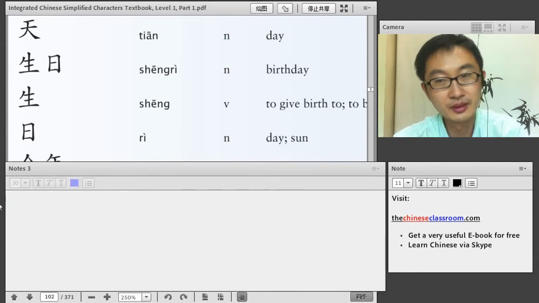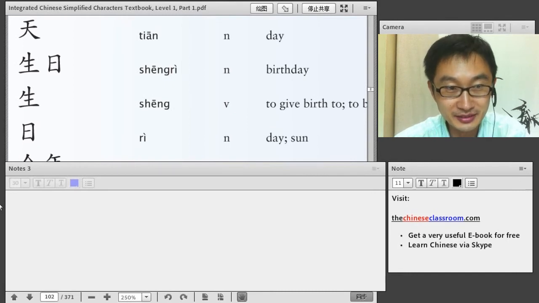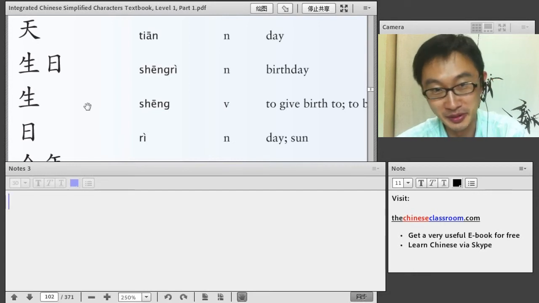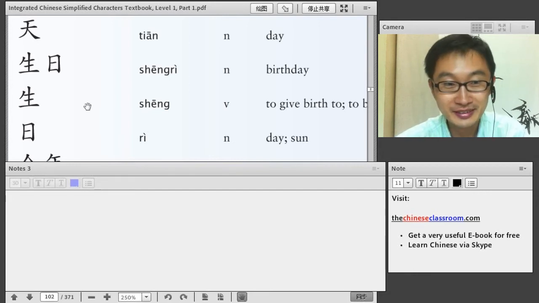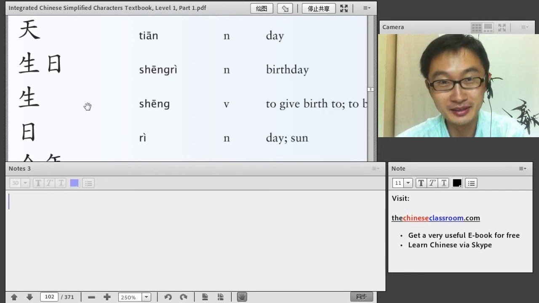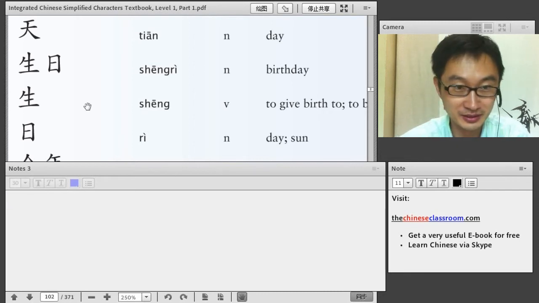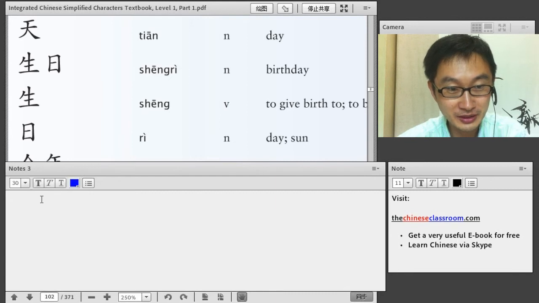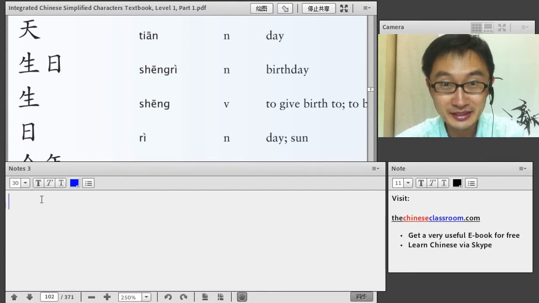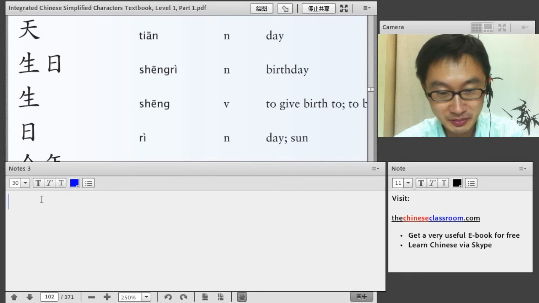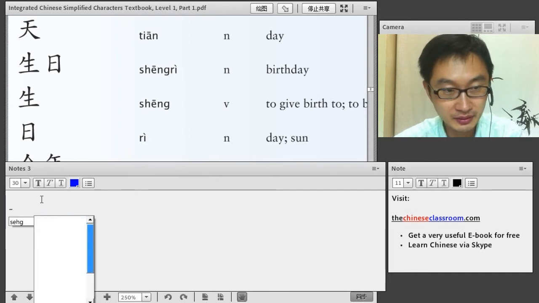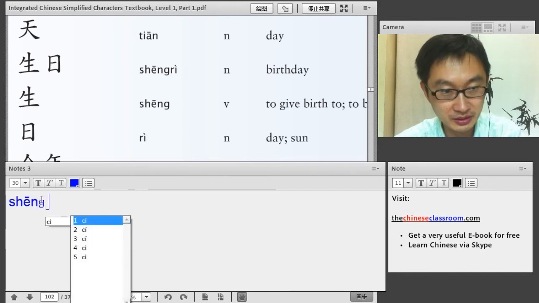Okay. Then we look at this 生日, birthday. 生 means give birth to, or to bear, to be born, was born. 日 is day. So together exactly birthday. We even have a word, it's called 生词, which means vocabulary. Type it, 生词.